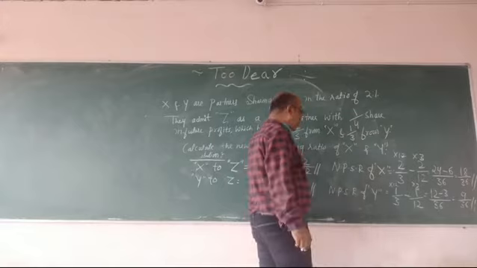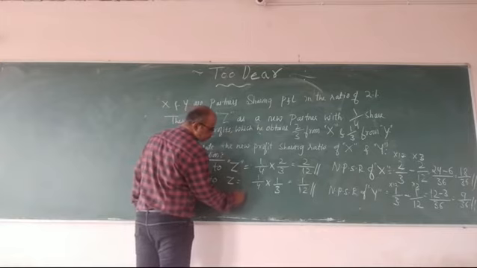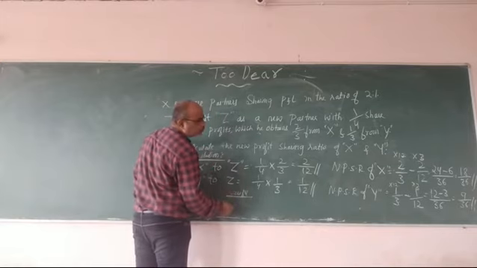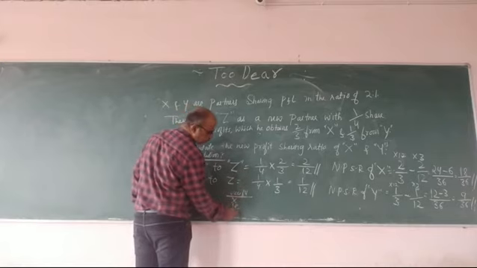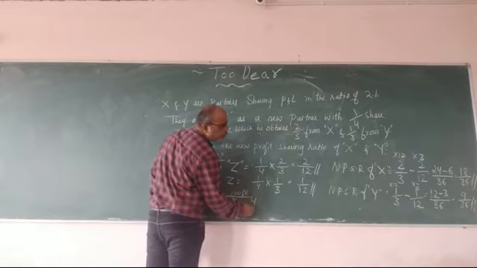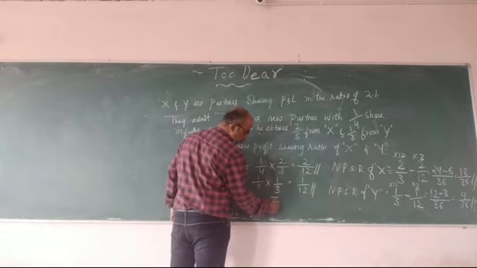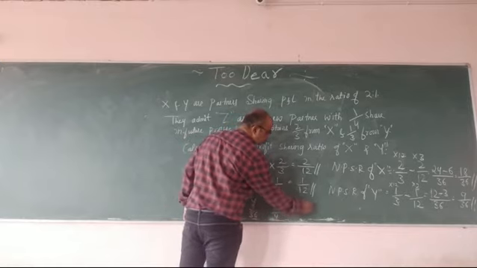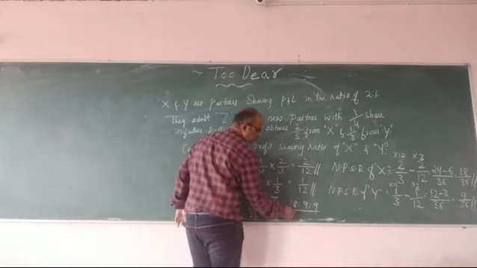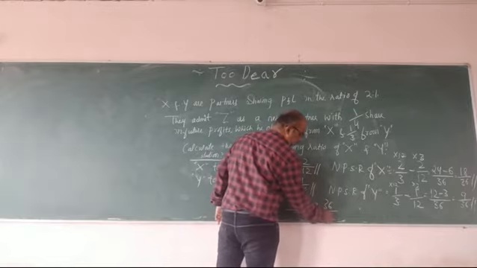If you want to verify, X's new ratio is 18 by 36, Y is 9 by 36, and Z is 1 by 4, which is 9 by 36. 18 plus 9 plus 9 divided by 36 equals 36 divided by 36.